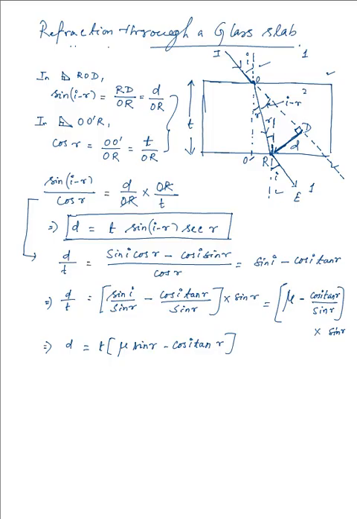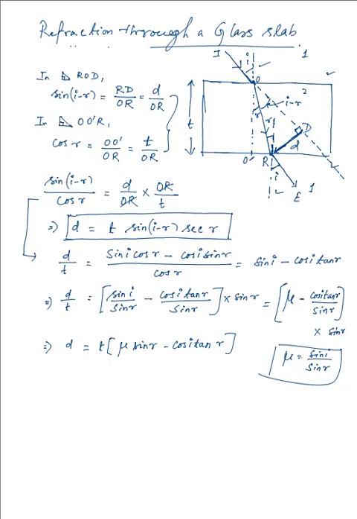So in case we do not have any value of i or r, we can substitute the other way around, because we know that mu is equal to sine i by sine r, and we can substitute any value in the equation and get the answer, provided they are known trigonometric angles, else you will have to use a trigonometric table.